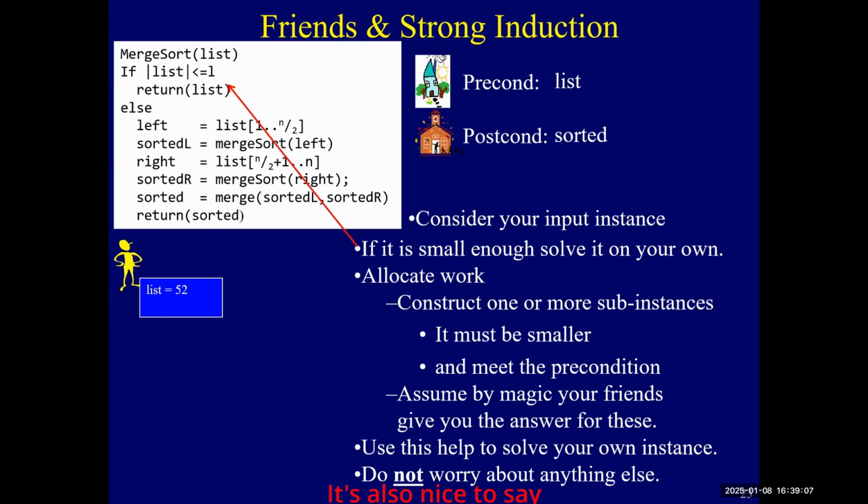It's also nice to say if the input's of size 0, then it's already sorted. It's good to have those. My favorite base case is 0, but sometimes it's good to get 1 in there as well. So that's what the base case does. Everybody kind of following that?